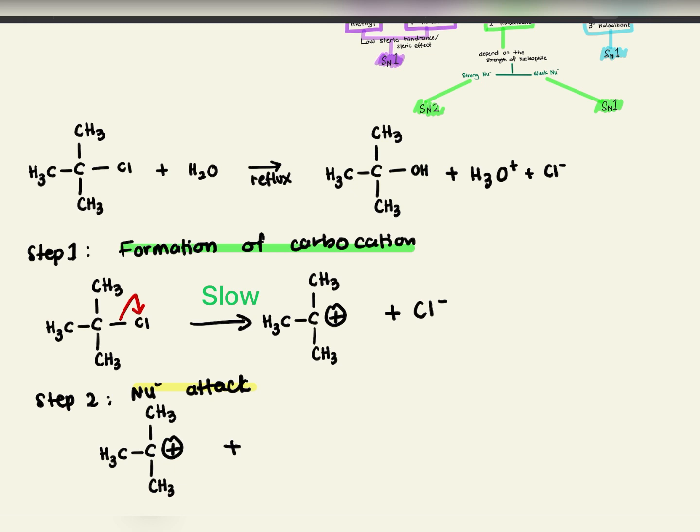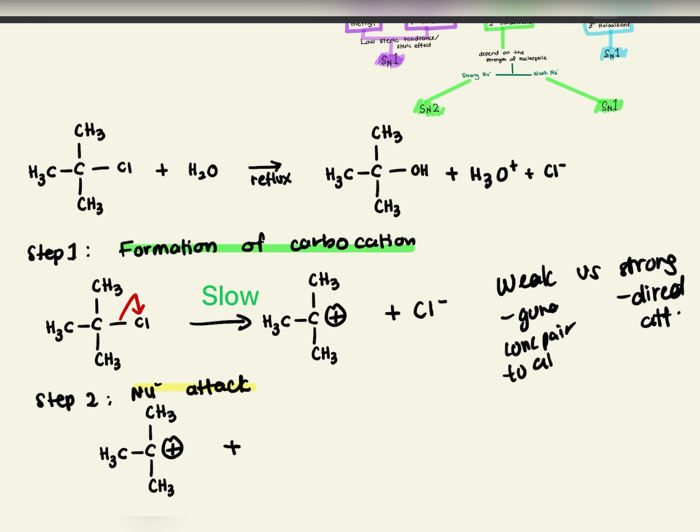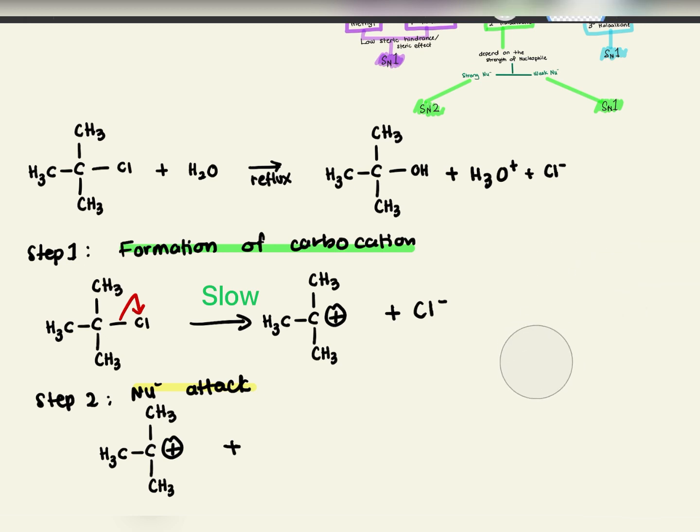So tulis H2O and don't forget to write the lone pair later. Okay, so kalau weak dengan strong nucleophile ni, apa beza dia? Kalau strong nucleophile dia akan directly attack guna nucleophile. So kalau the weak nucleophile, dia akan attack guna lone pair and dia akan attack 2 kali. Okay, so tulis je dulu and follow my step by step.